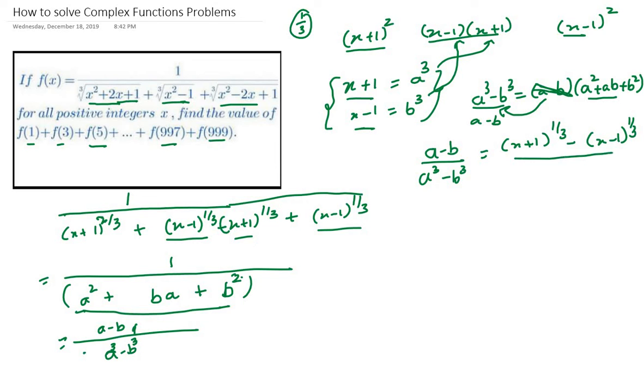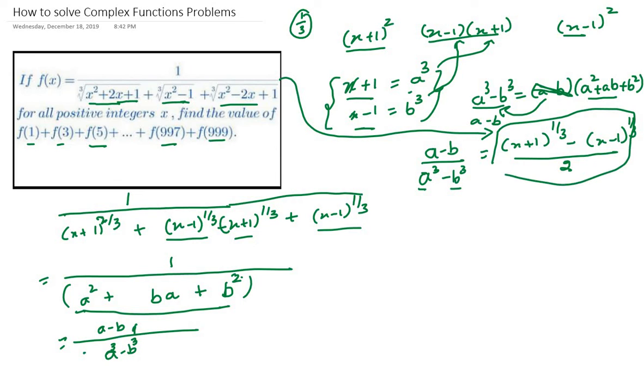Why are we replacing back with x? Because I clearly see a cube minus b cube will be x plus 1 minus x minus 1, so x gets cancelled out, and a cube minus b cube is 1 plus 1, which is 2. So the original equation got very much simplified.